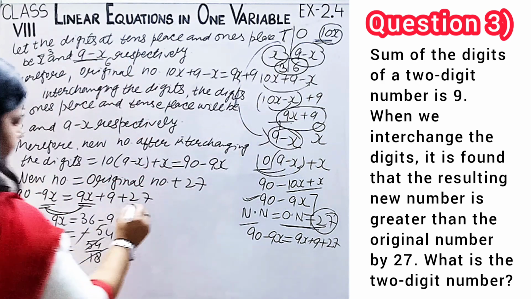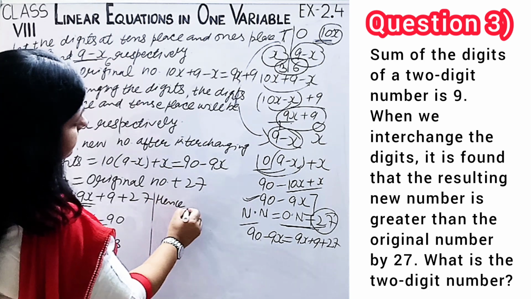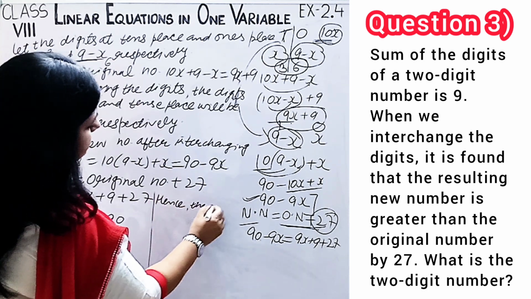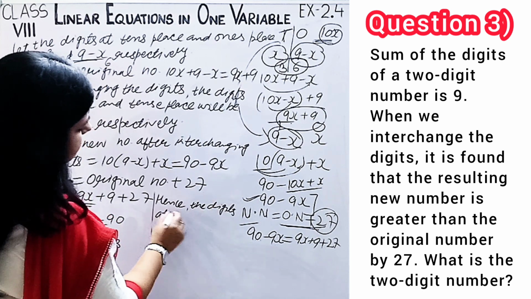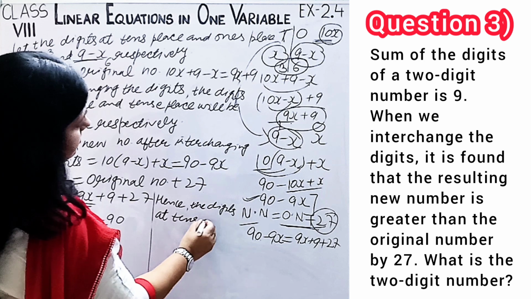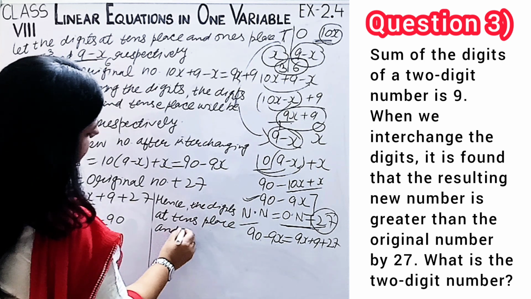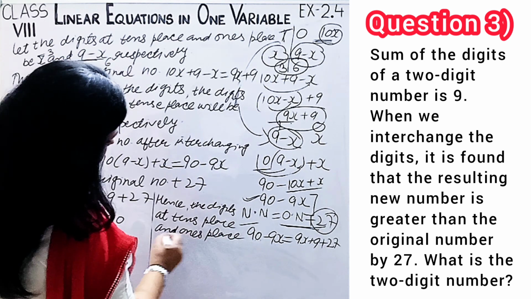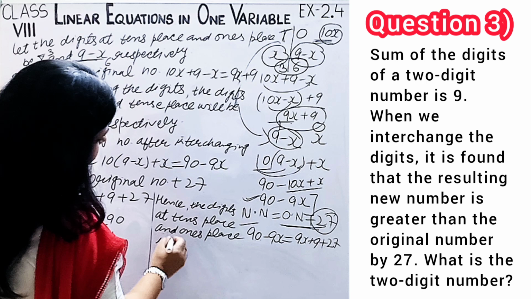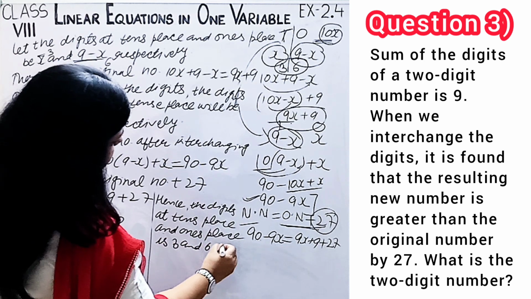Hence the digits at tens place and ones place are 3 and 6 respectively.